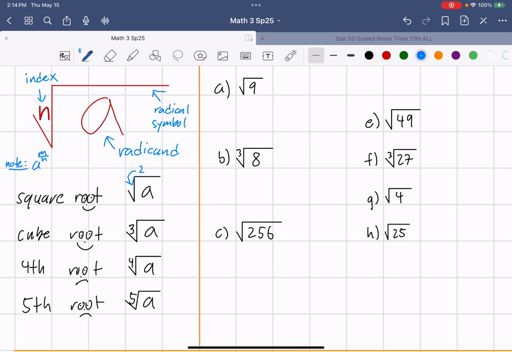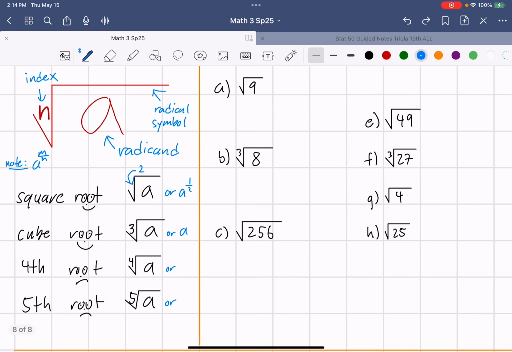And just for a side note, you can write these as rational exponents. Since they all have, you can say, a power of 1 here. Remember I said the power of the radicand is like the numerator of the rational exponent, and then the index is the denominator.